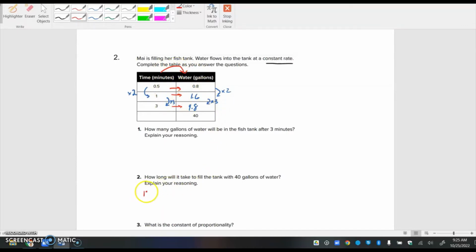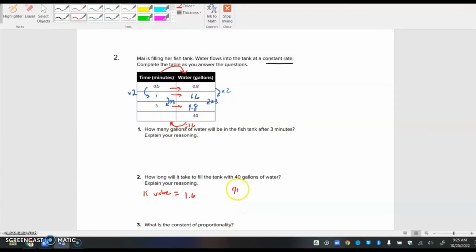Well, my K value that I'm multiplying by is, what 1 times what number is 1.6? Well, 1.6, that's nice and easy for us when we find kind of a unit right there. So, to go from X to Y each time, I'm multiplying by 1.6. So to go the opposite way, I would have to divide by 1.6.